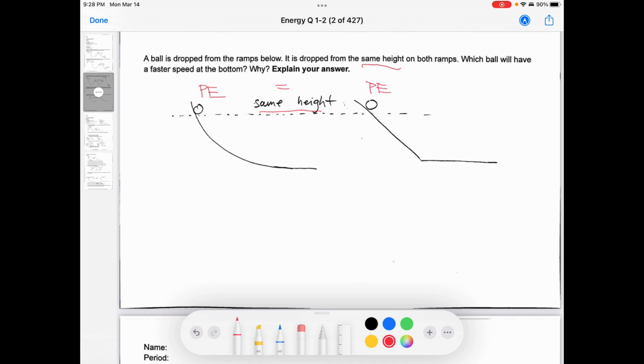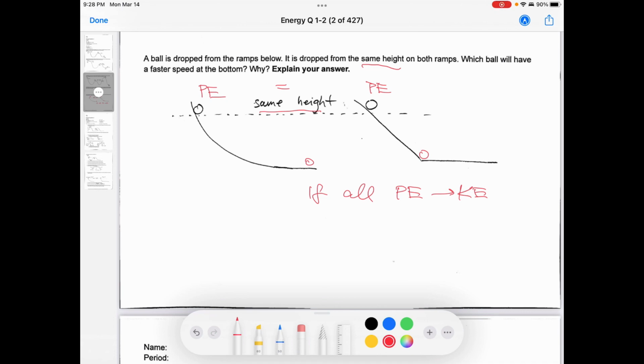And so at the bottom of these ramps, if all of the energy was conserved, that means if all of the potential energy was converted into kinetic energy, so that is the speed of the ball.